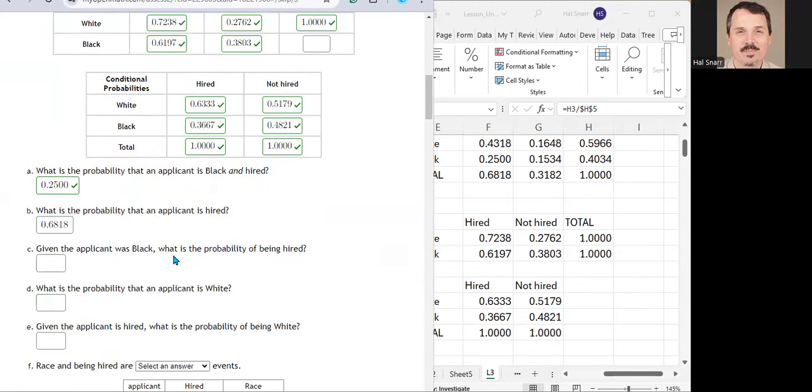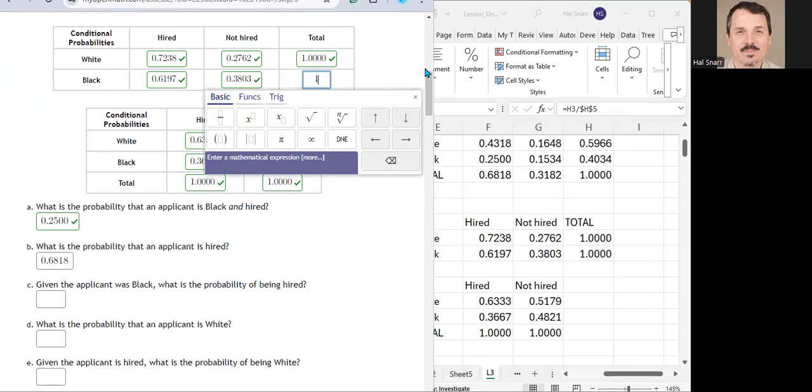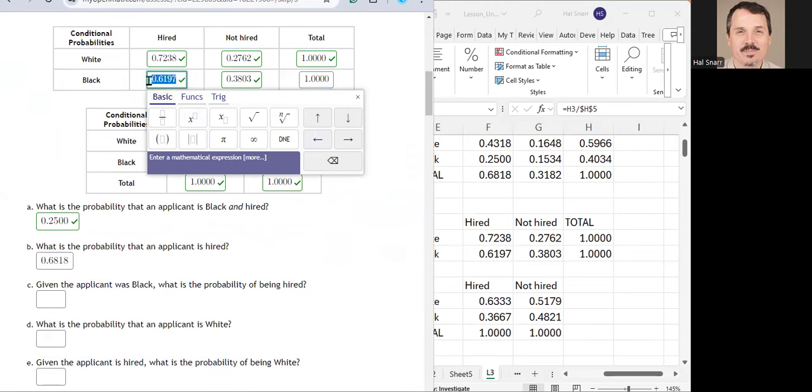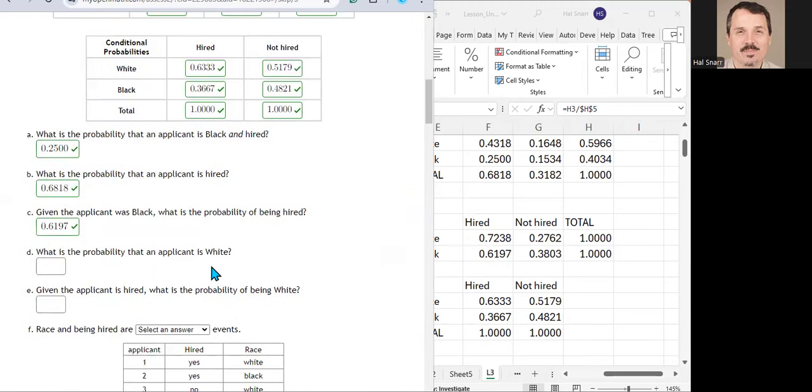Given the applicant was black, what is the probability of being hired? So now we have to go to the table with a black total equal to 1.0, right here. We're looking for the probability of being hired. So this is the probability of being hired given the applicant was black. That's 0.6197. Okay.